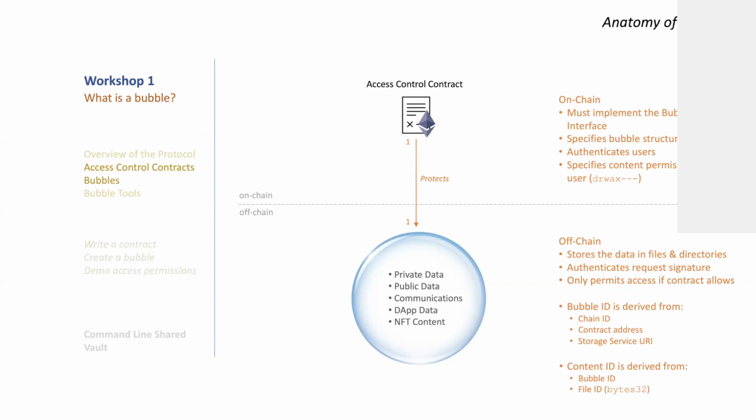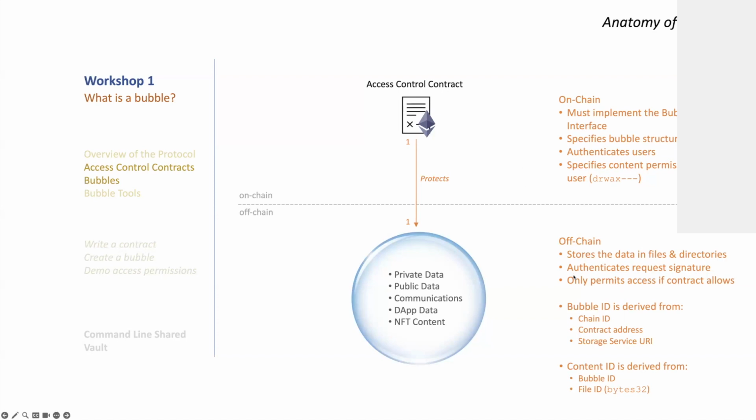The contract is used by the off-chain storage service to authenticate users of the bubble. And the contract must implement the bubble access control contract interface, which we'll go into later.